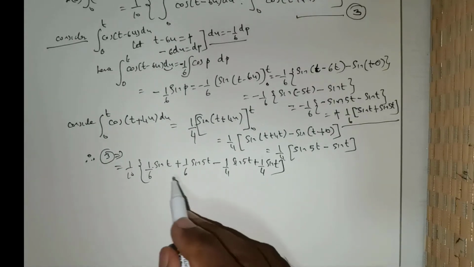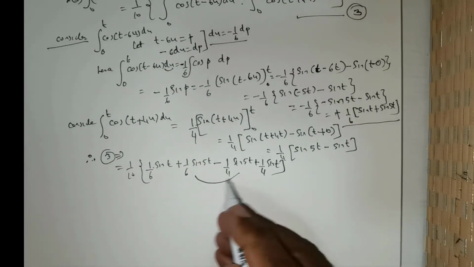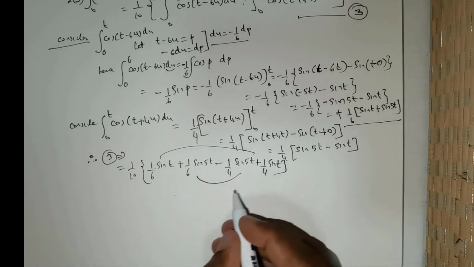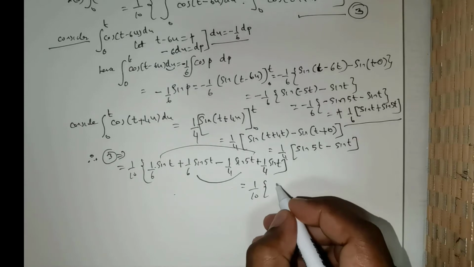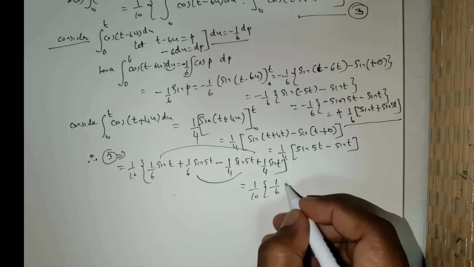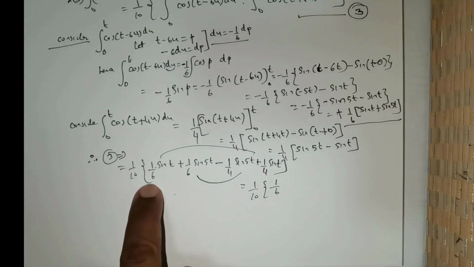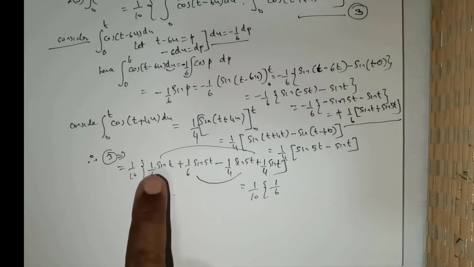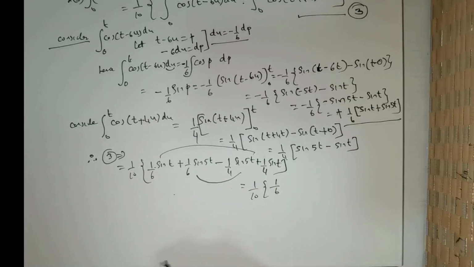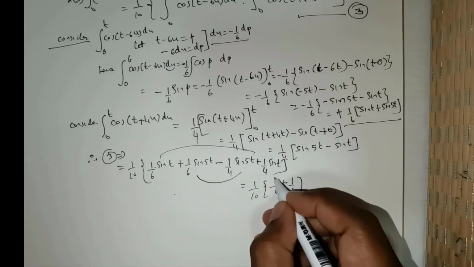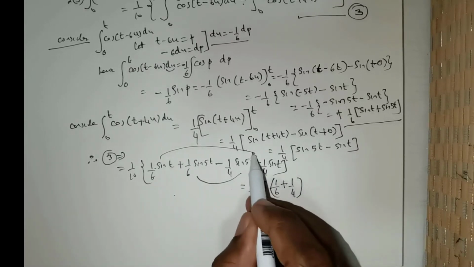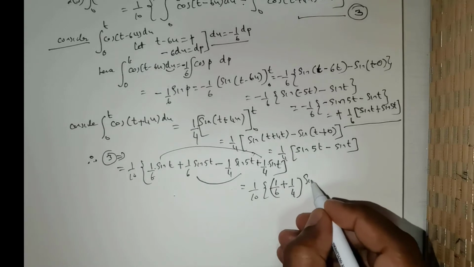Now I can club these two things together, and these two things together. So this is going to be 1 over 10 times, in fact I need to take sine t out: 1 over 6 plus 1 over 4, clubbing this with the sine t.